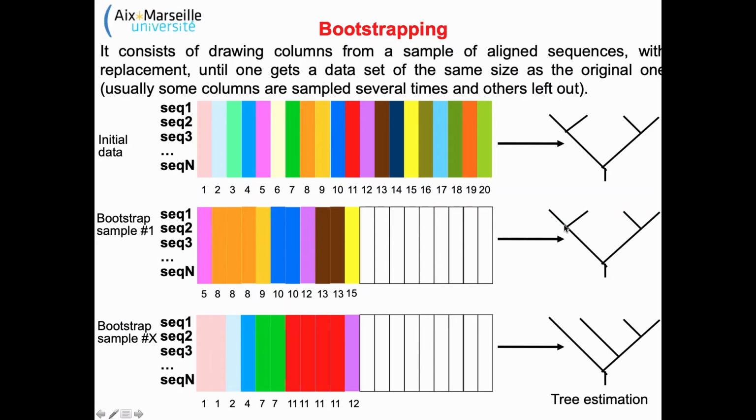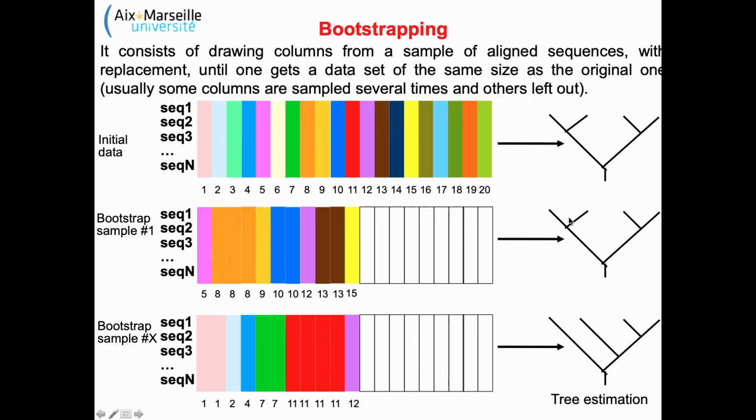If you found, on those 100 trees, 90% of the time the same nodes like this one, you will write 90 here. It means that by sampling your alignment by chance, you get the same node, and in that case it makes that node consistent.